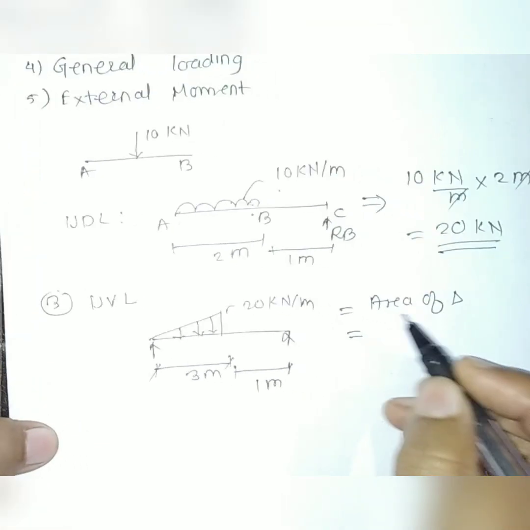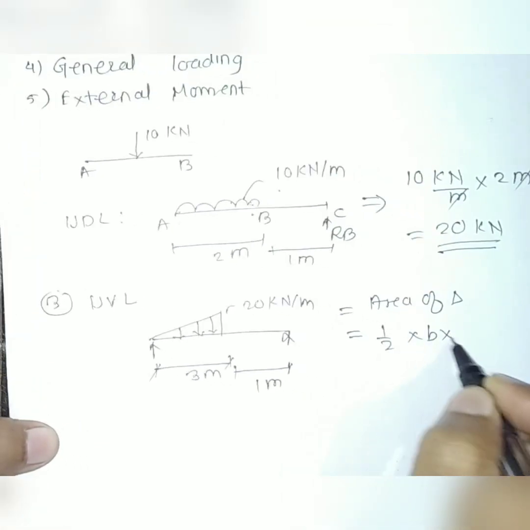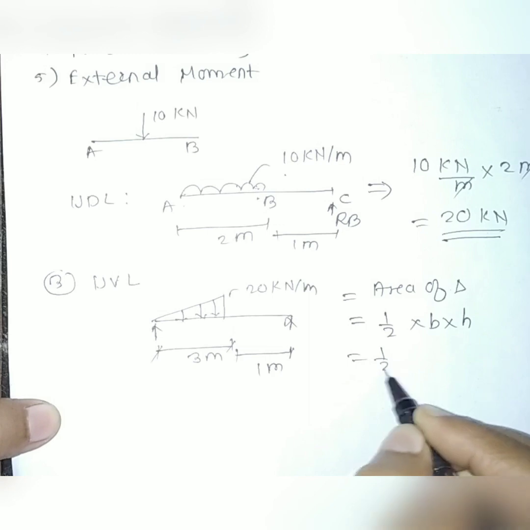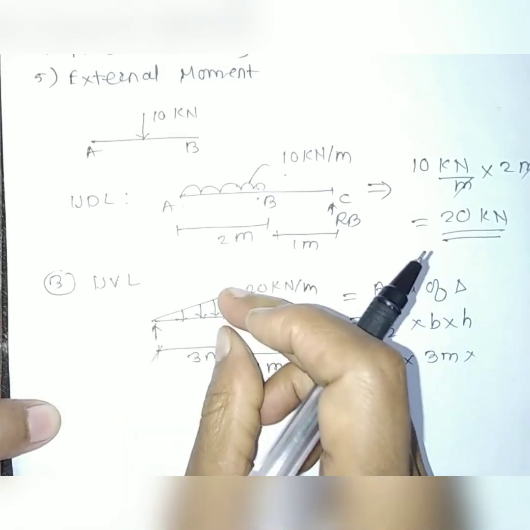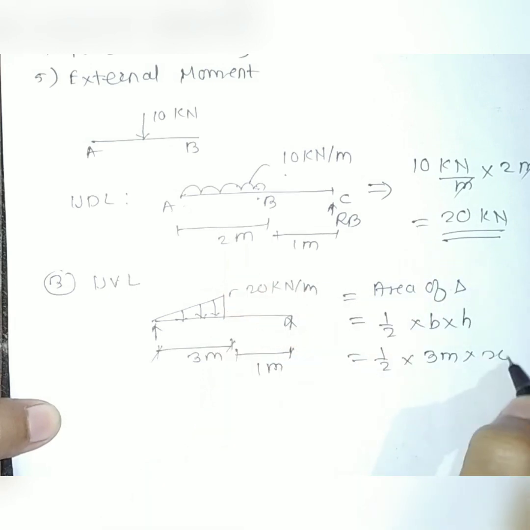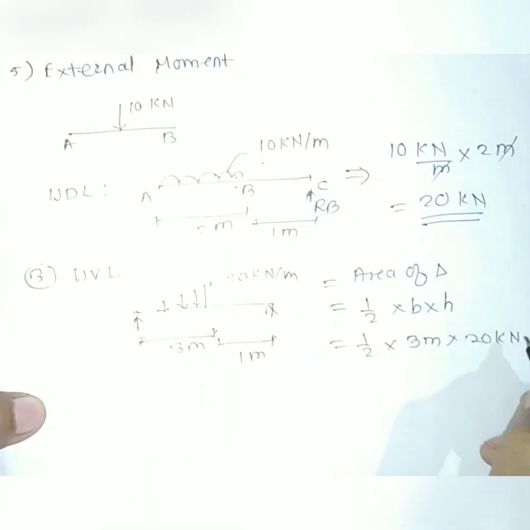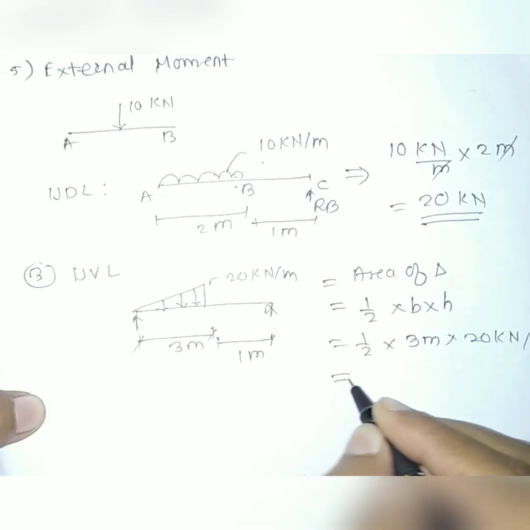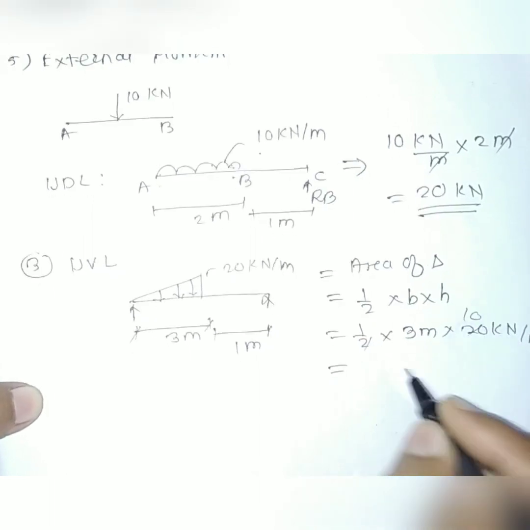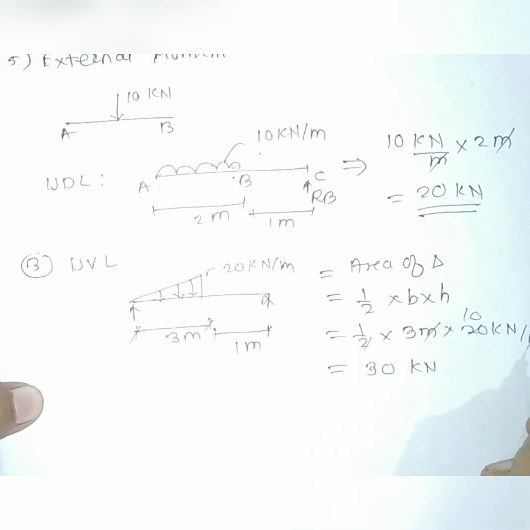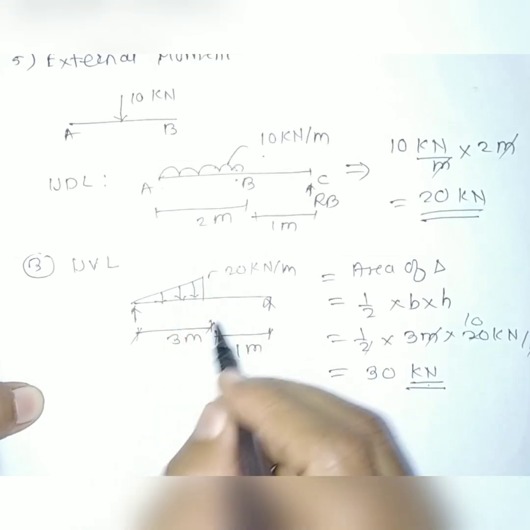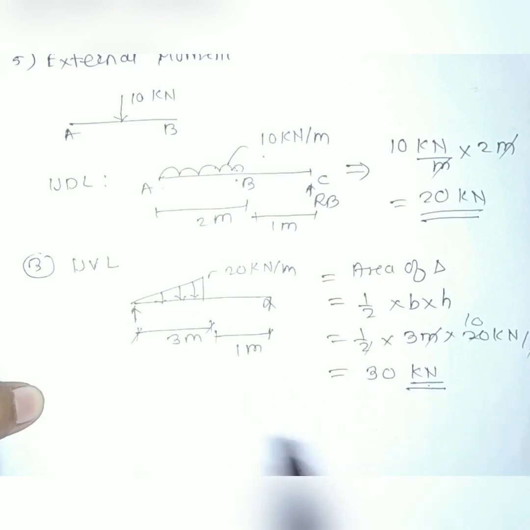So area of triangle is given by half base into height. Therefore half, what is base? It is 3 meter. And what is the height of this particular triangle? It is 20 kilonewton per meter. So it becomes 30 kilonewton. Meter gets cancelled. So as we got the unit for load in kilonewton, the intensity for this particular triangle is 30 kilonewton.